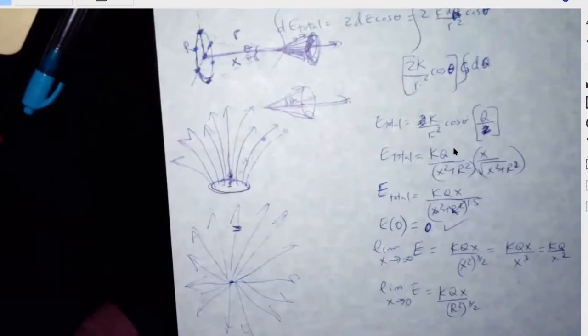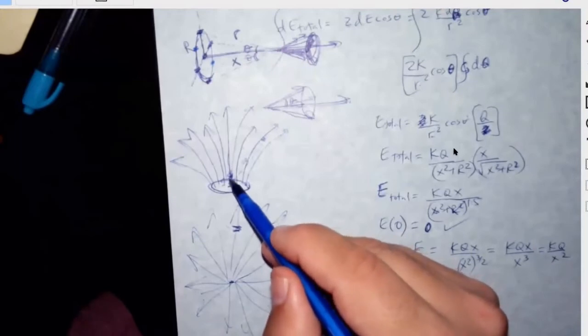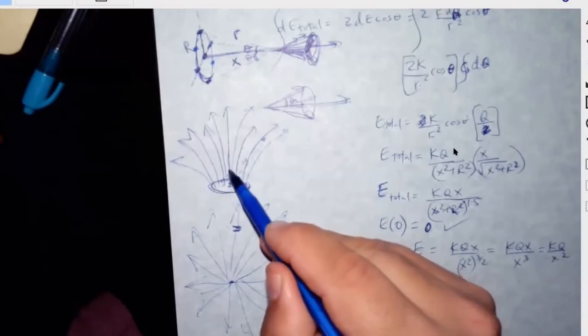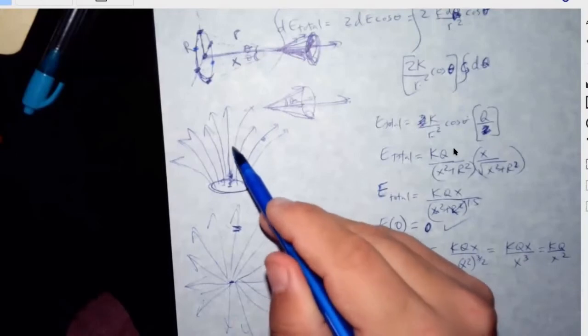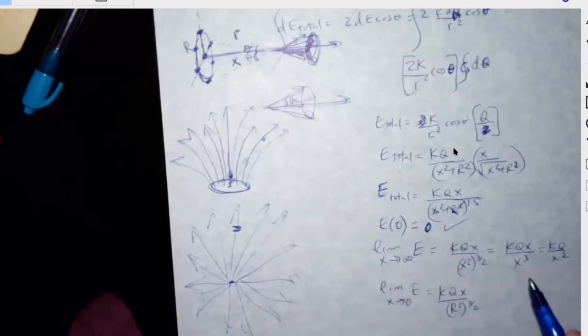It's a linear behavior, but not a linearly decreasing behavior. It's not 1/x. That means the E field increases as you go this way, up to some point. Then it reaches a max, then it decreases. I see. So it increases linearly. It goes kQx over R cubed.